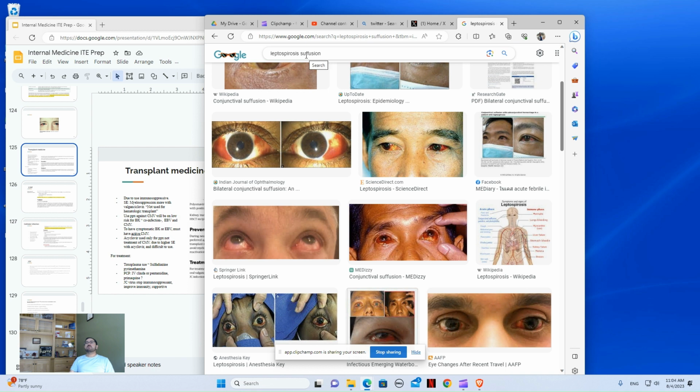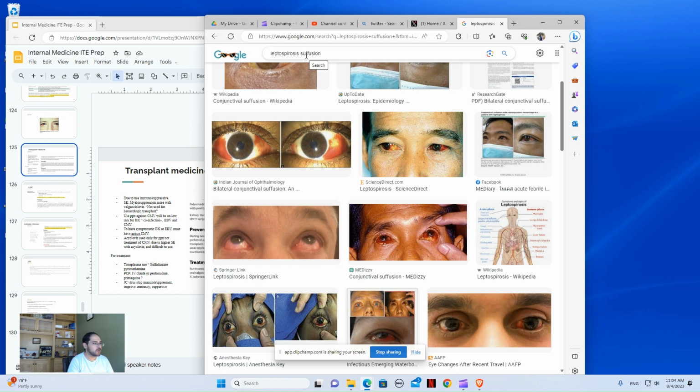Transplant medicine. After a patient who is known to have a solid organ or a stem cell transplant comes back with a fever or signs of infection, they are susceptible to all kinds of infections, but on the test they want you to understand a couple of them.